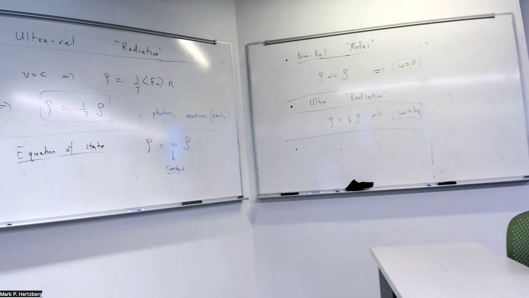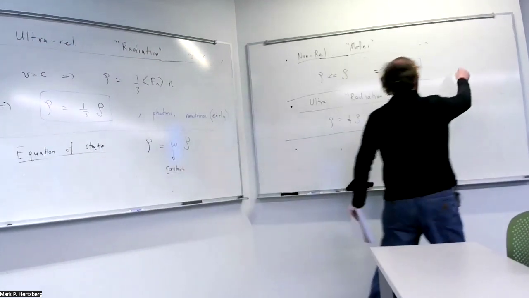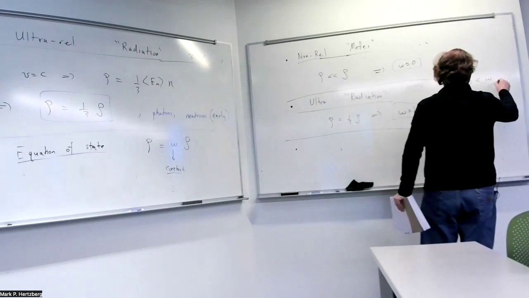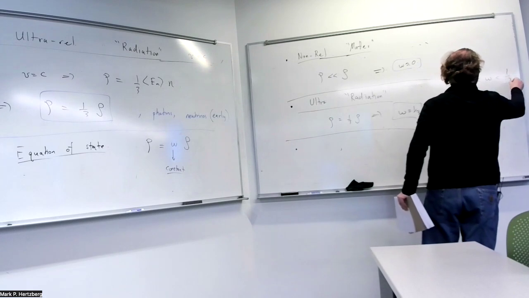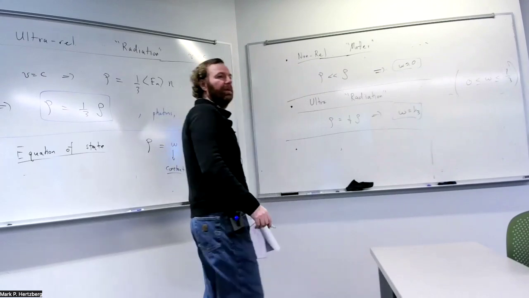In fact, you can see here, by the way, that v has to be between 0 and c. So you would say that w has to live its life between 0 and a third. We've kind of maxed out the two extremes that you would think should be w.